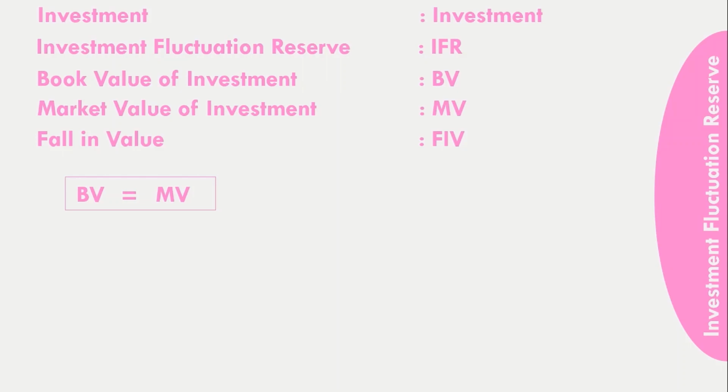And here we are considering that in every case we are having investment fluctuation reserve. So as we are having the reserve, as we are having the amount of profit, old partners will distribute this profit among themselves. So investment fluctuation reserve account debit to old partners capital accounts.